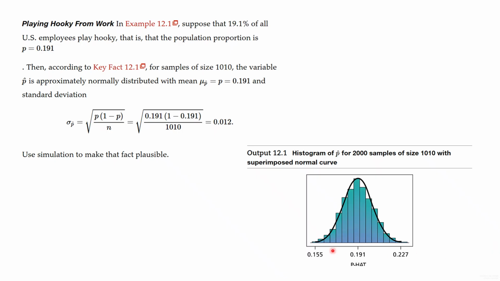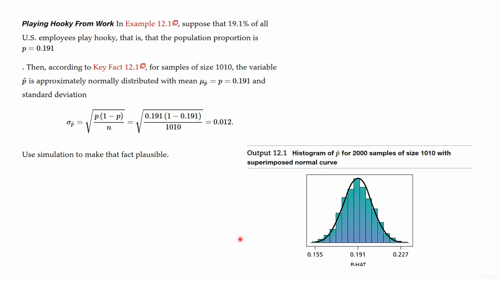What they did then is they simulated 2,000 samples of US employees, and for each of those 2,000 samples, they found the sample proportion of those who would play hooky, and they put it into this output here.